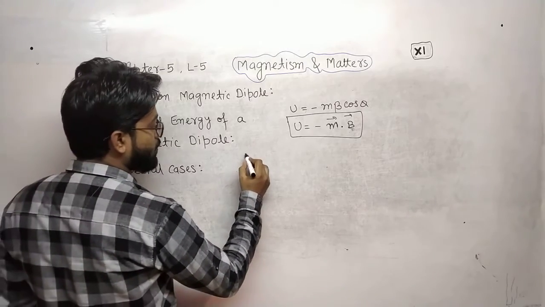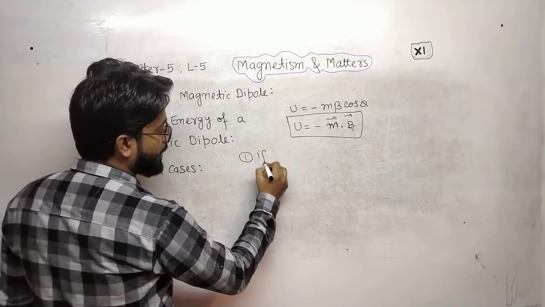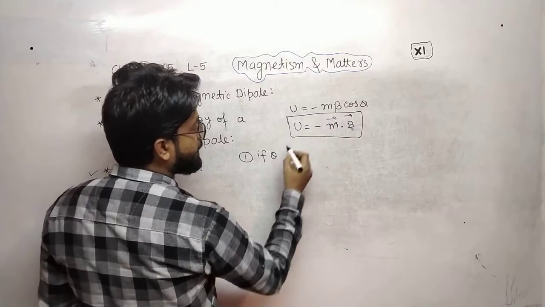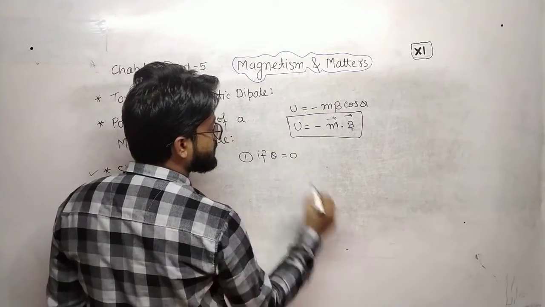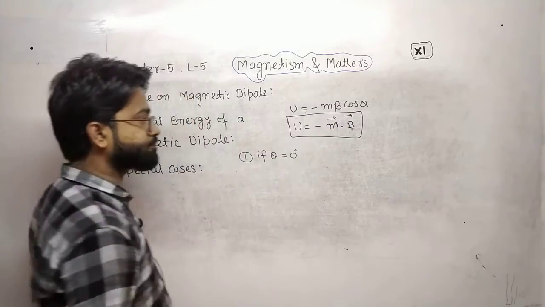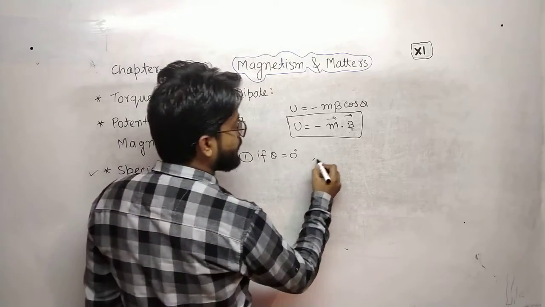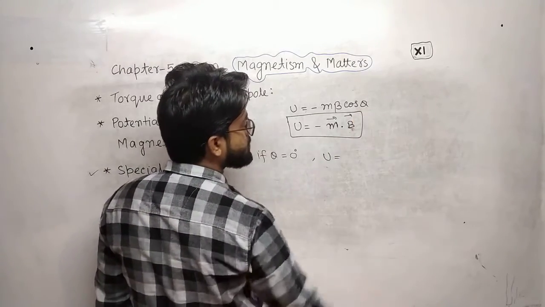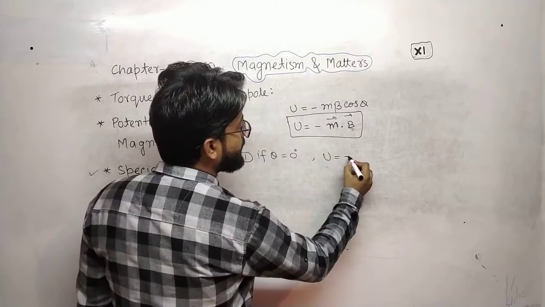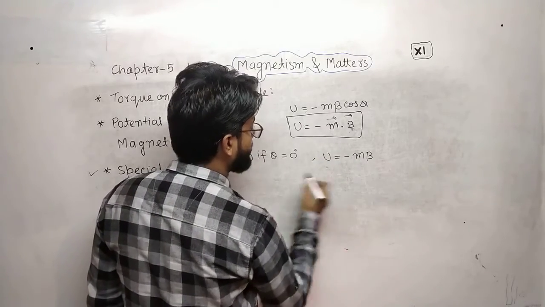Special case number 1, if theta is equal to 0 degrees, then U will be equal to what? Cos 0 is 1, then U will be equal to minus MB.